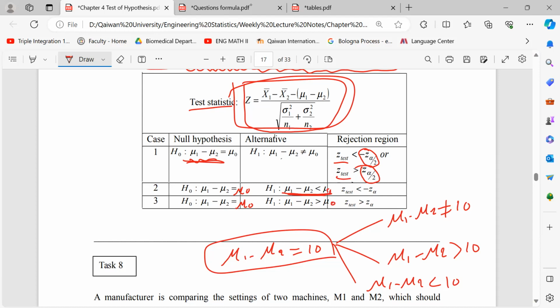This is mu naught. If H1 is mu1 minus mu2 is less than mu naught, that value that I have written down, the difference of their means.